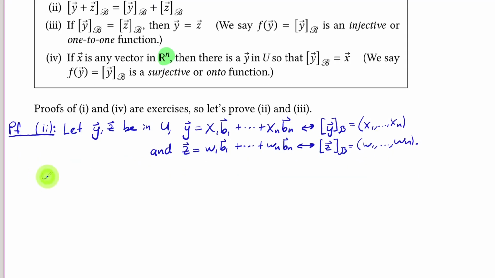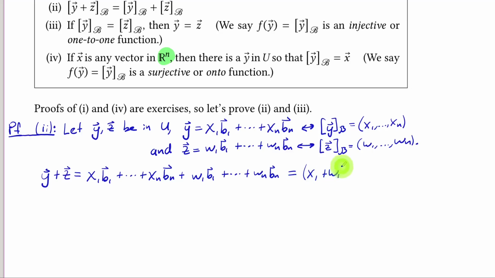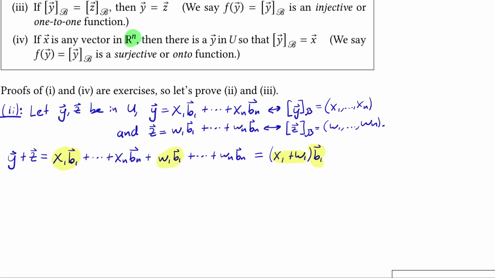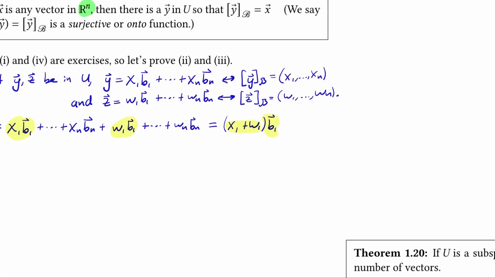Well, let's see what happens if we add up y plus z. You could write it like that, but then we could also rearrange the terms, use the distributive rule, and write this as x1 plus w1 times b1, bringing those together and factoring out the b1, and do the same thing with every one of the other n basis vectors.